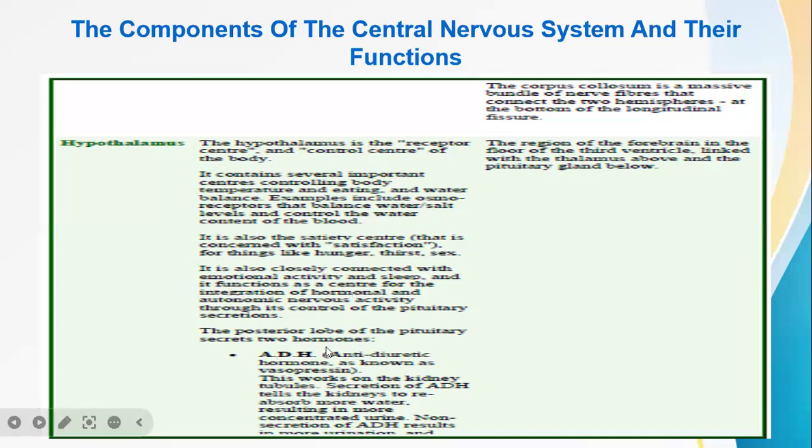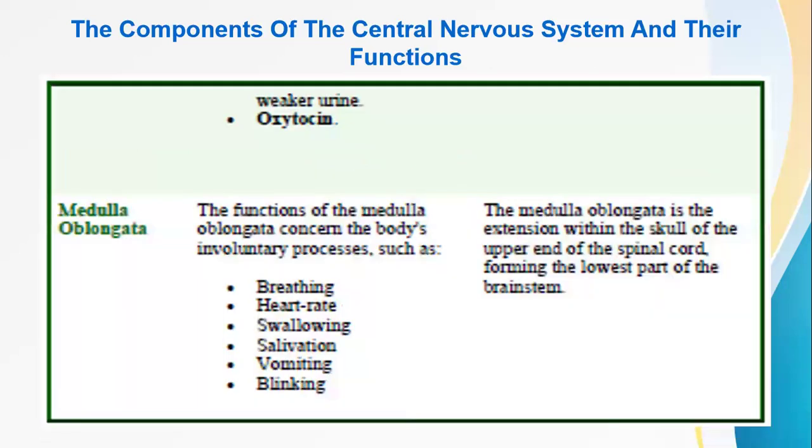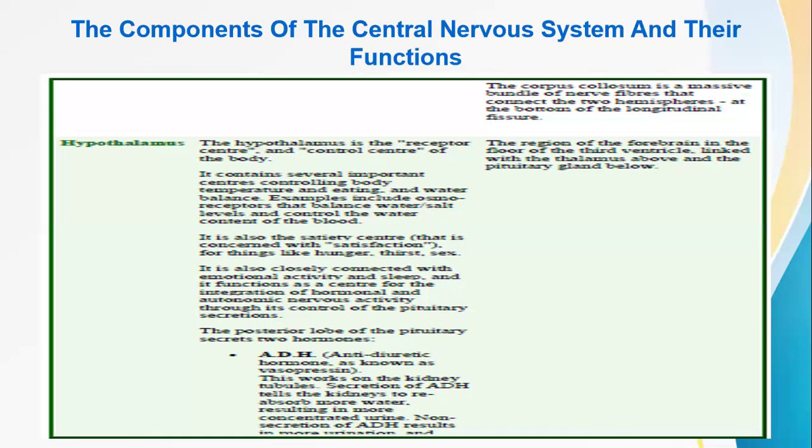The first one is ADH, antidiuretic hormone, also known as vasopressin. This works on the kidney tubules. Secretion of ADH tells the kidneys to reabsorb more water, resulting in more concentrated urine. Non-secretion of ADH results in more urination and leads also to weaker urine. So that's the function of ADH, antidiuretic hormone.